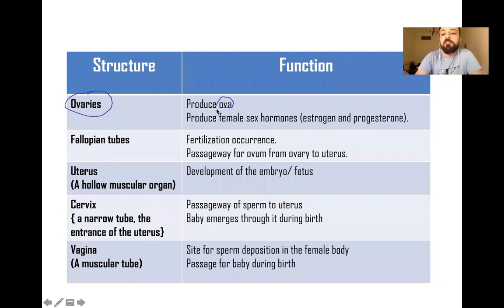Ova is the other name for eggs or gametes. Ova is plural, ovum is singular. In addition, ovaries produce two hormones that we'll discuss later on, which are the estrogen and progesterone.